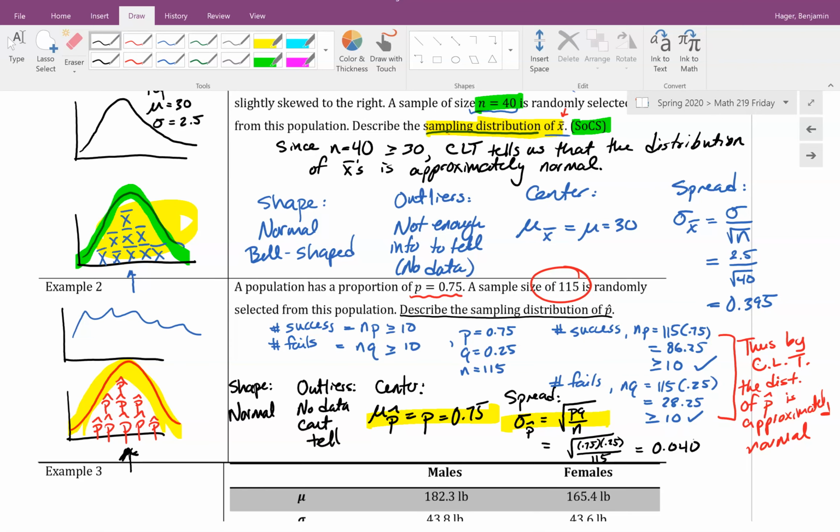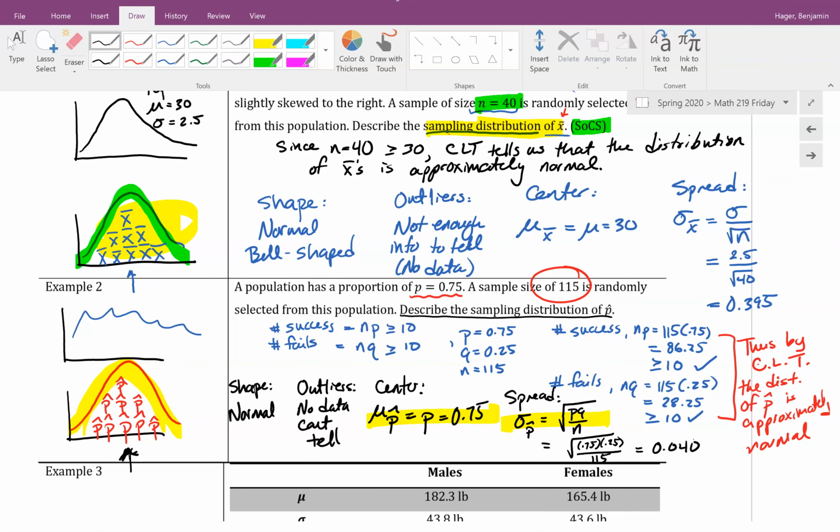We are going to see where we really get to put this to a lot of use in the coming chapters. I mentioned at the beginning of the video that this is the last major tool we need to get to hypothesis testing and confidence intervals, which is pretty much the whole reason to take this course.